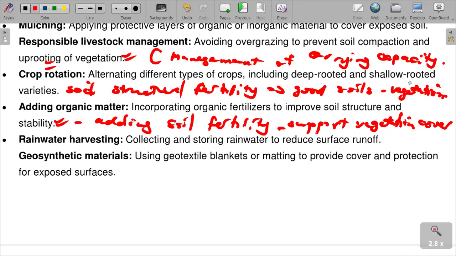Where land is exposed, where soils are not covered and there is no vegetation, engineers and farmers come into play with geosynthetic materials on such exposed surfaces, covering them up. So even if it rains, no or fewer soils might be exposed or run off.